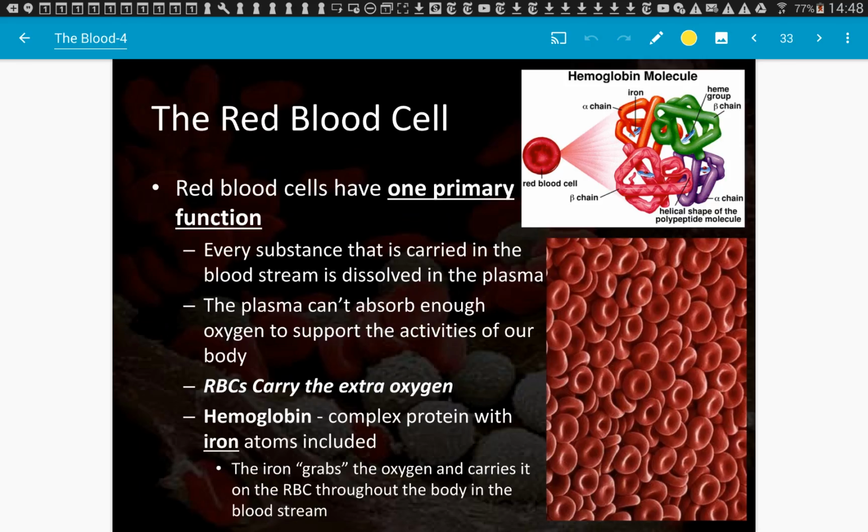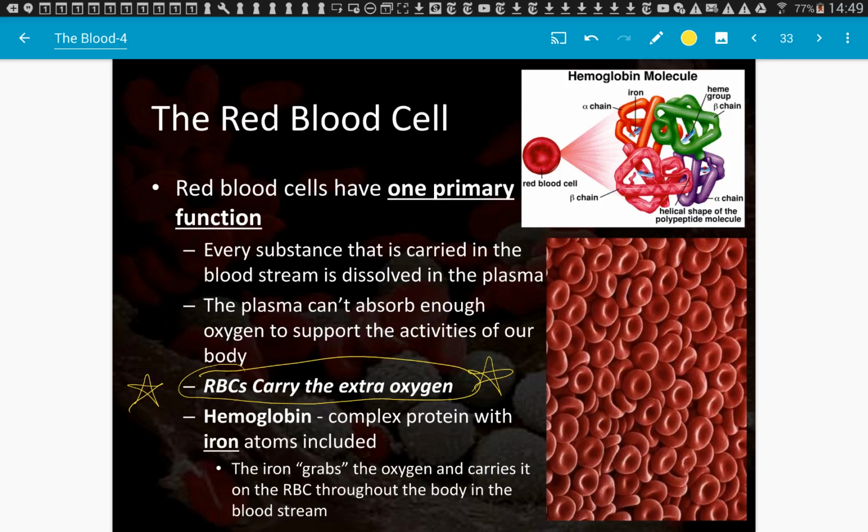So we have to use these red blood cells to transport the oxygen throughout the tissues. And so that is the one and only job of red blood cells, is to carry oxygen, because we can't dissolve enough in our blood, okay?